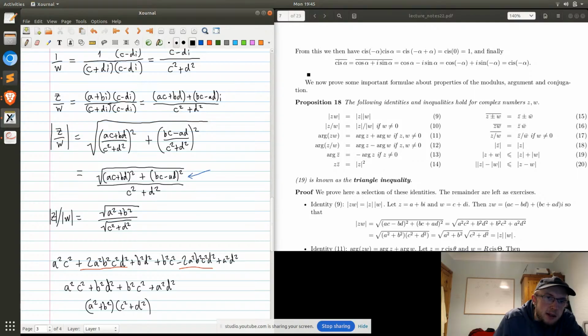So that there is squared. That's the real part. And then you square it. And that's the imaginary part. And then you square it. And then you have to add them together.